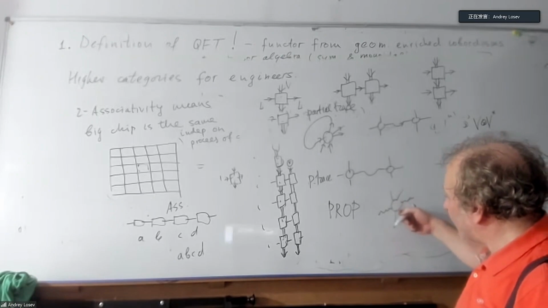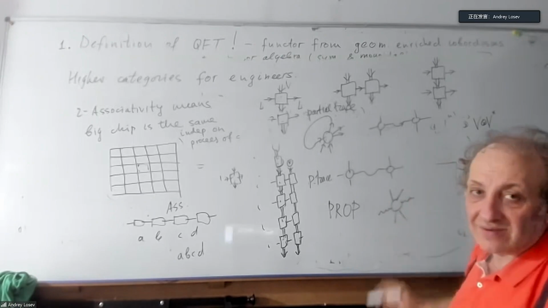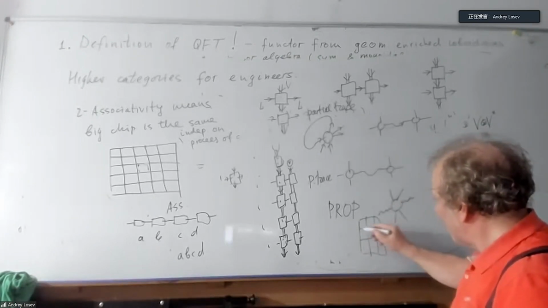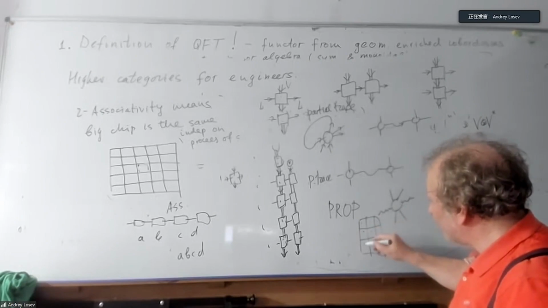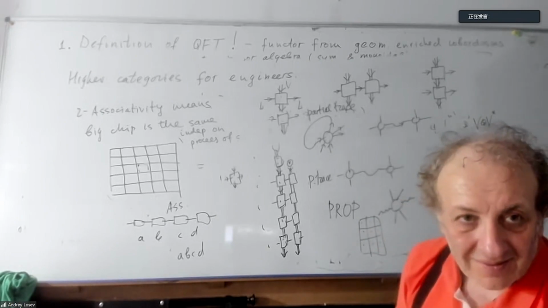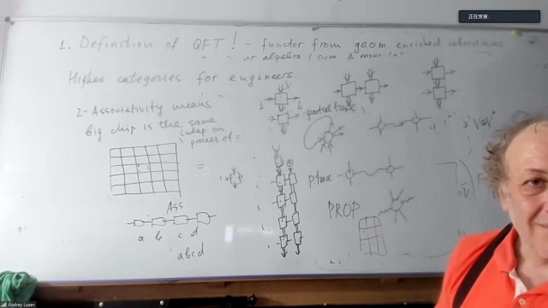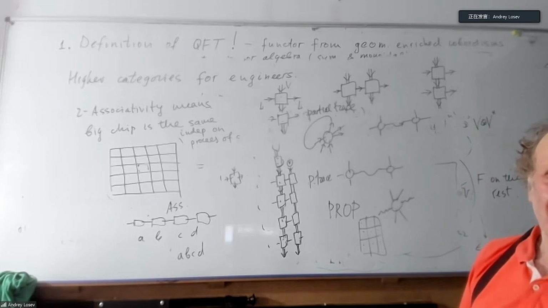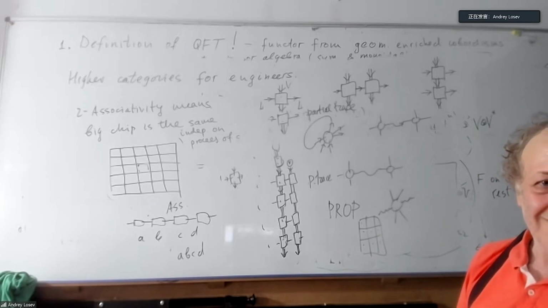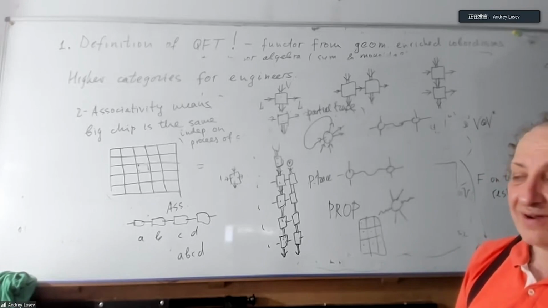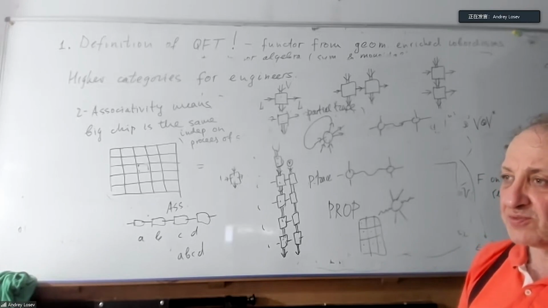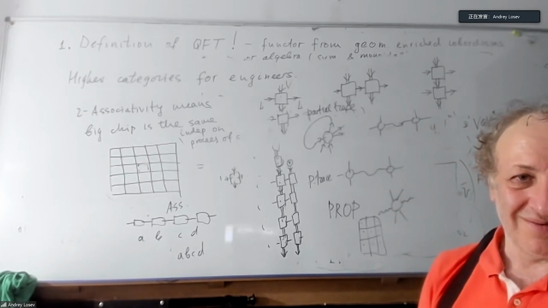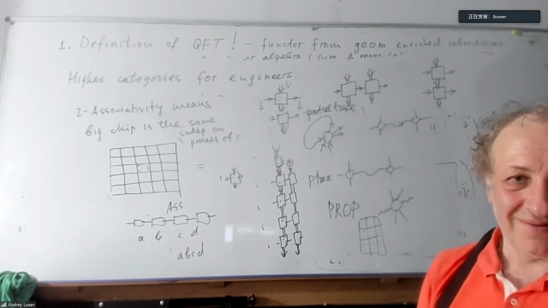But this operator takes values in props. So you can understand it as a matrix where each ingredient here is a prop. So we can talk about chips. We can talk about props. The only thing, we can also talk about tensor algebras, but we should not think about it as a group. Okay, I see.